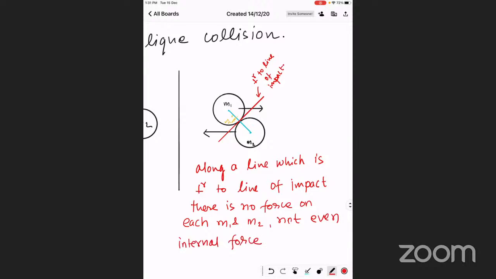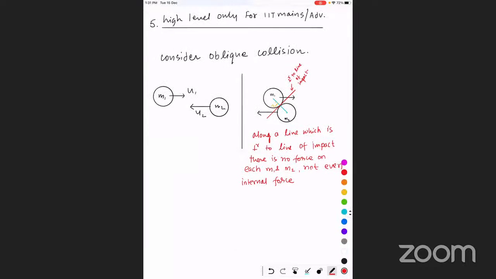Am I right? So if we talk about an individual body, only M1, the momentum of M1, I'm not talking about the system.